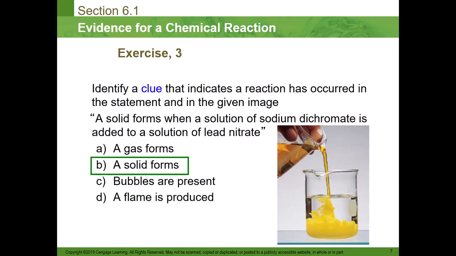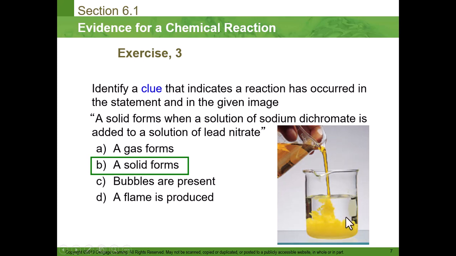Okay, so what is happening here? A solid forms when a solution of sodium dichromate is added to a solution of lead nitrate. So we have lead nitrate as a colorless substance, as we see there, and we are adding sodium dichromate, which is yellow.